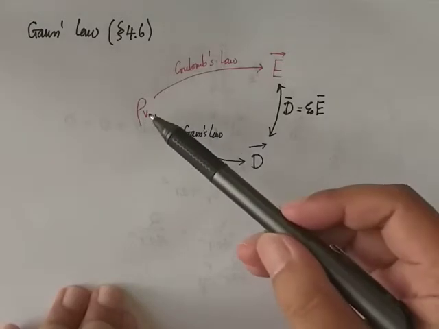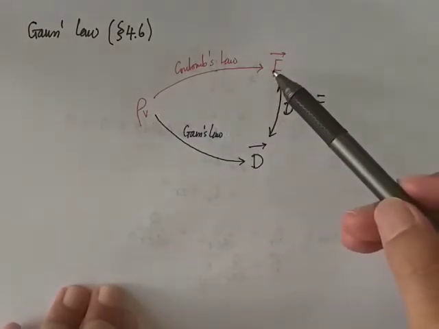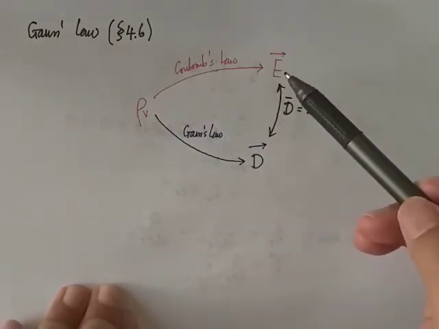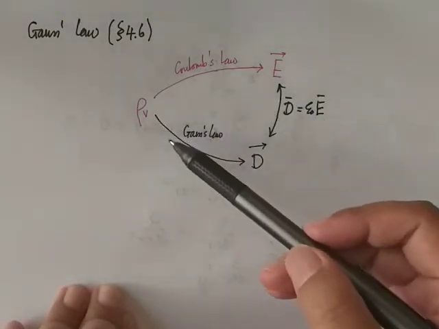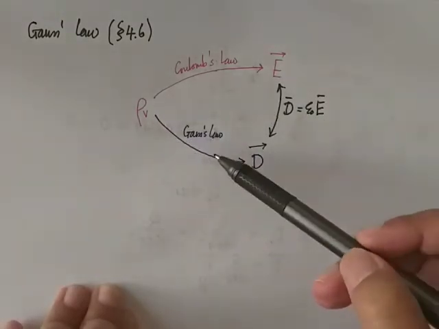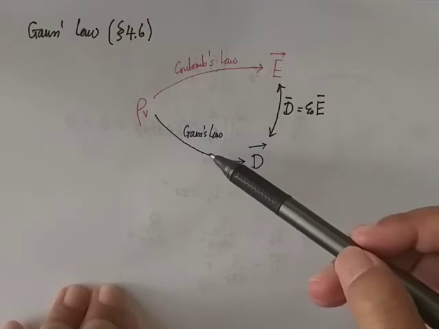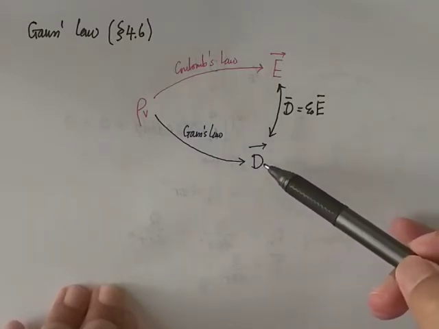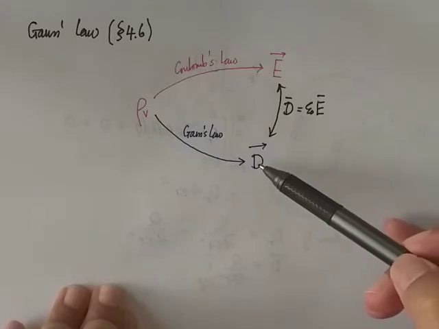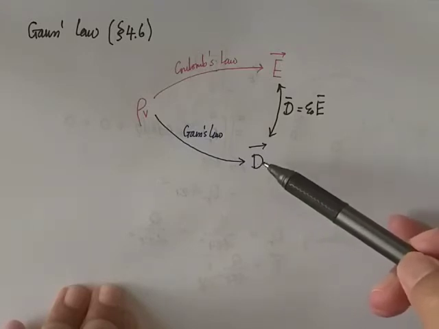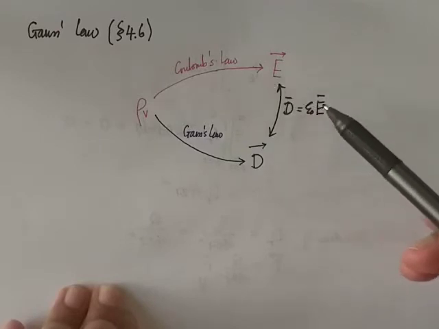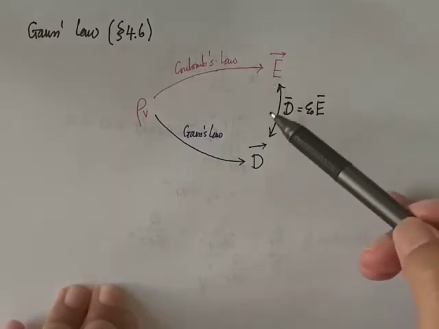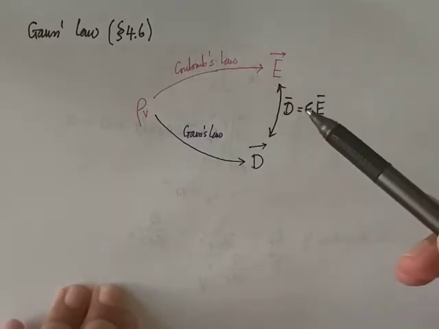I can use Coulomb's law, or I can use a simpler method, the Gauss's law approach. Then from Gauss's law, I am able to determine the vector D, or electric flux density. Then I need to convert from electric flux density to electric field intensity using this standard equation. So that's what we mean by alternative approach.